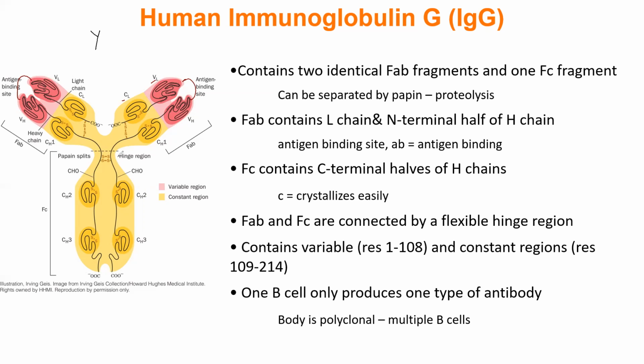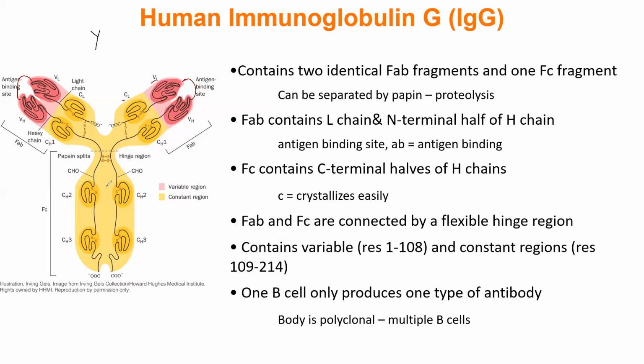The Fc region is the region that will communicate with the rest of your immune system. When the variable region binds an antigen, this Fc region will be sticking out, and this is what binds to your B cells to get the whole immune response going.